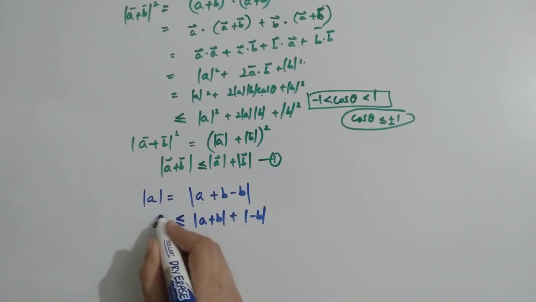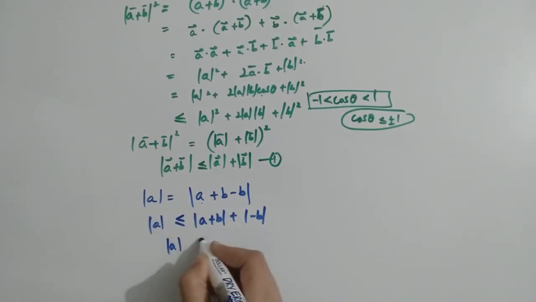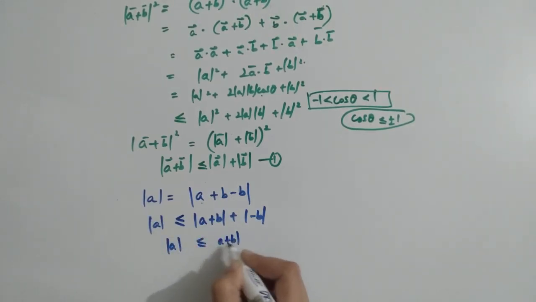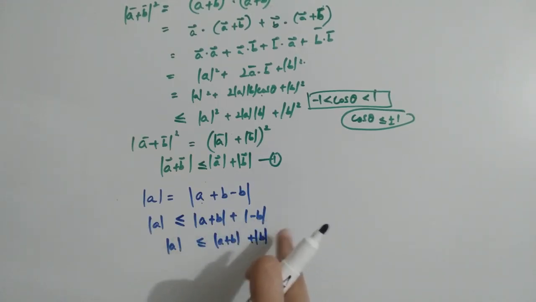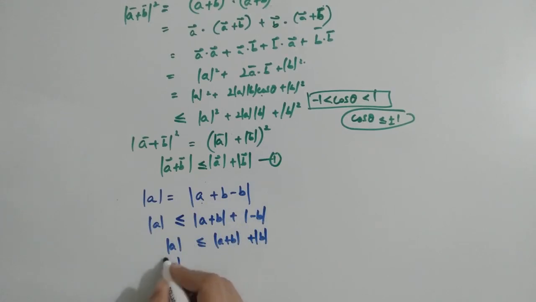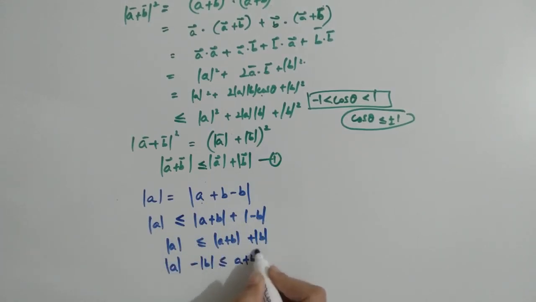So |a| is less than or equal to |a + b| plus |−b|, and |−b| will be equal to |b| because the absolute value of negative and positive will be equal. You can write it as |a| − |b| less than or equal to |a + b|. This is equation number 2.